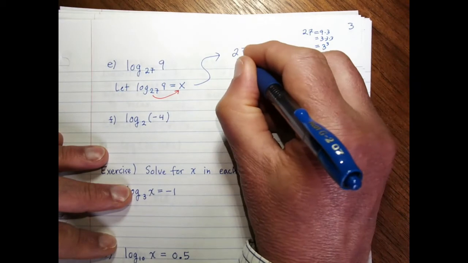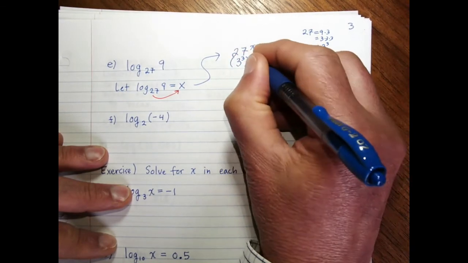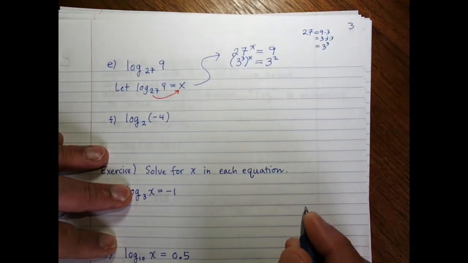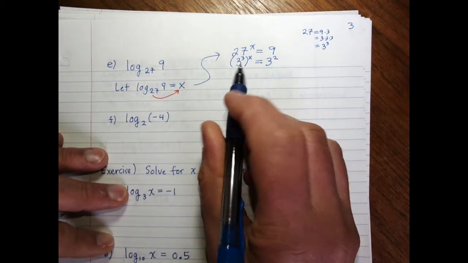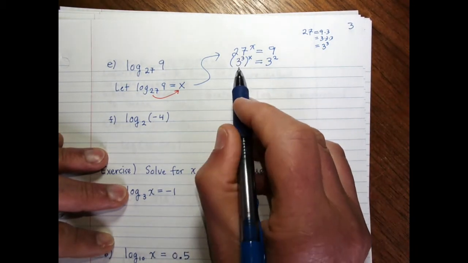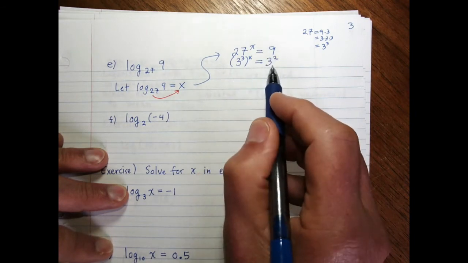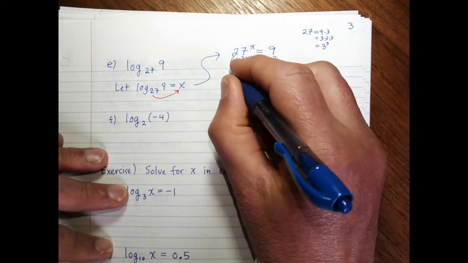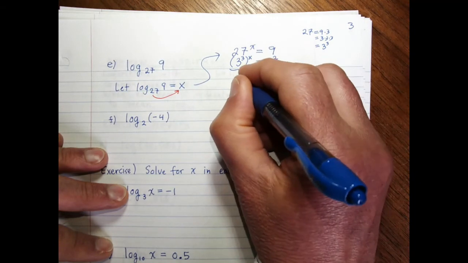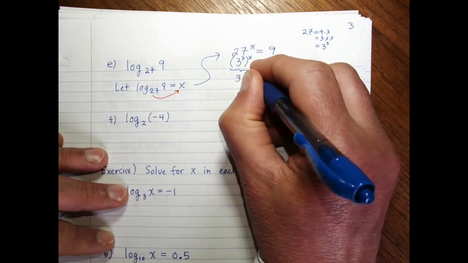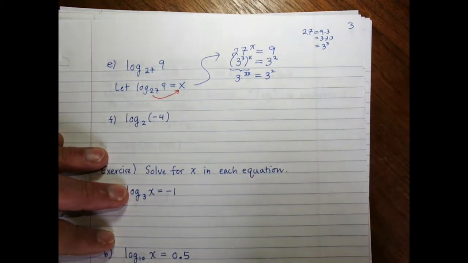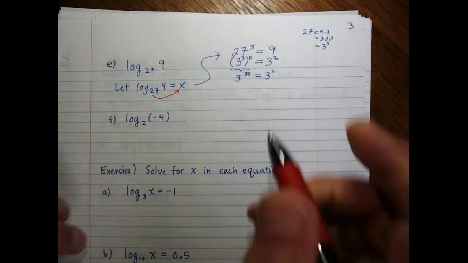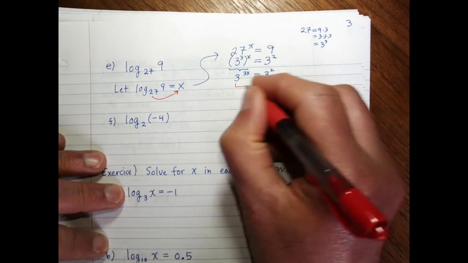I can write this as 3 to the 3rd power to the x. So I'm trying to get the same base on both sides. I got 27 written as base 3, 9 as base 3. 3 to the 3 to the x I can write as 3 to the 3 times x equals 3 to the 2nd. Same base.